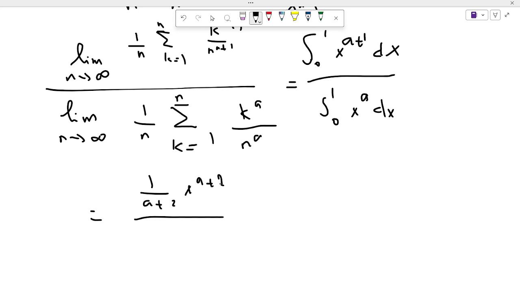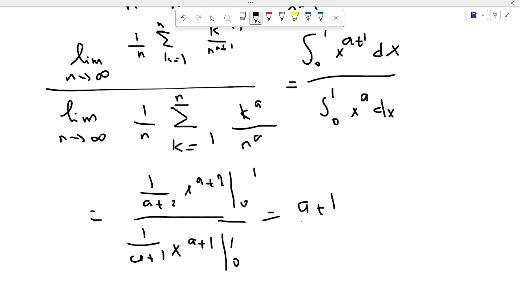So now we can evaluate these pretty easily. These are just finite integrals. Evaluated from 0 to 1, and that's the same as 1 over a plus 1 times x to the power a plus 1 evaluated from 0 to 1, which is equal to a plus 1 over a plus 2.